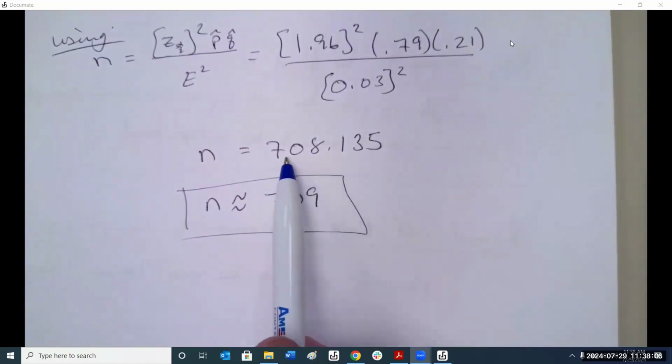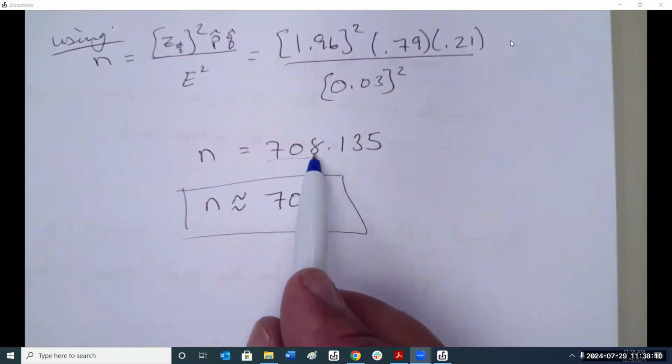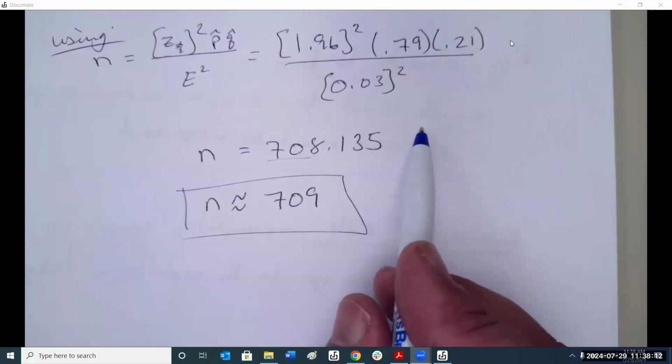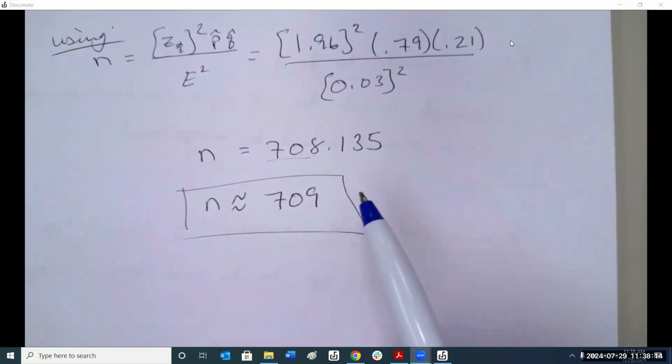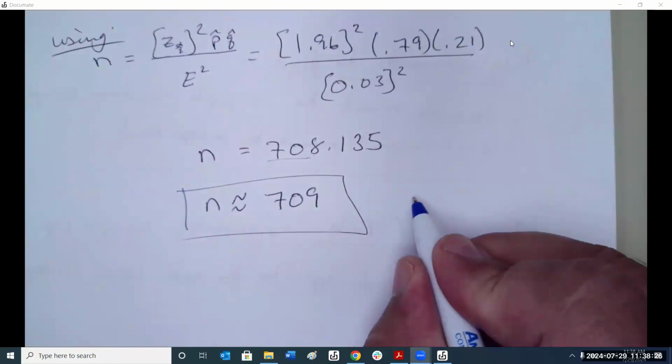But because our sample size has to be bigger than 708, even if it's 0.01, we have to round up to the next higher number. That way we can be sure to have enough. So that's our sample size.